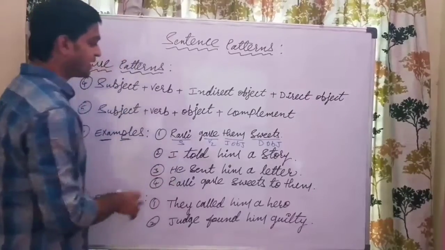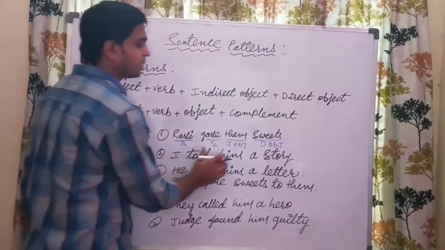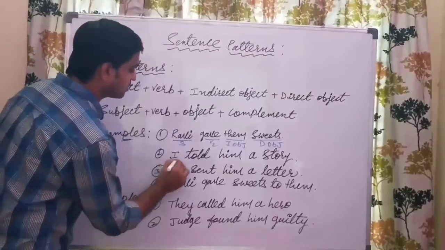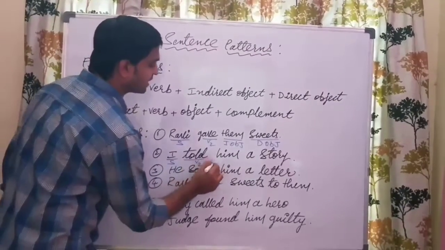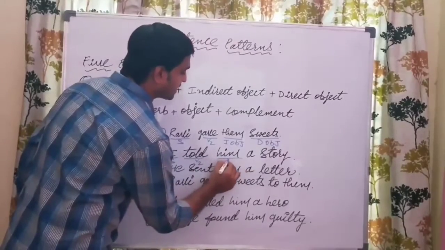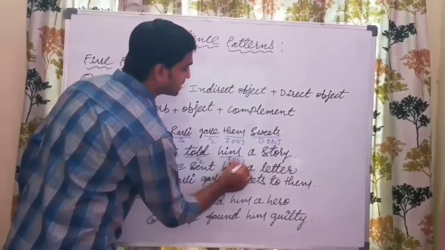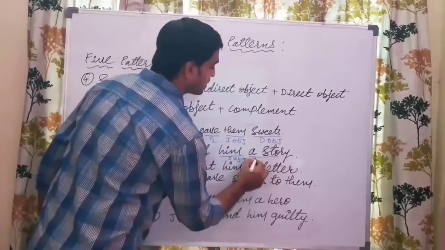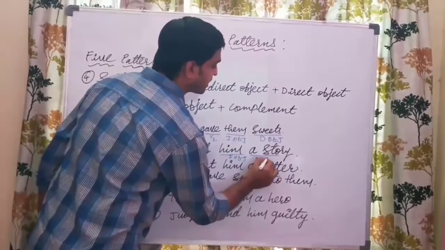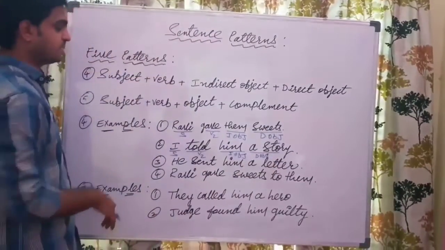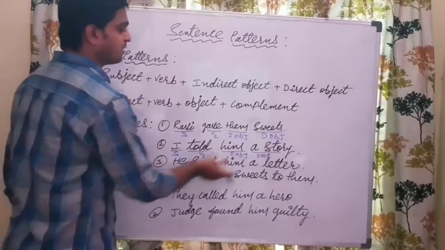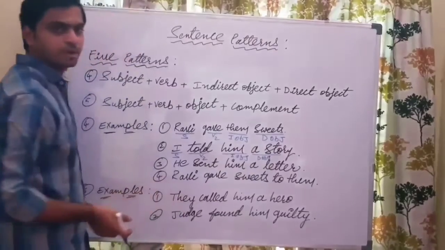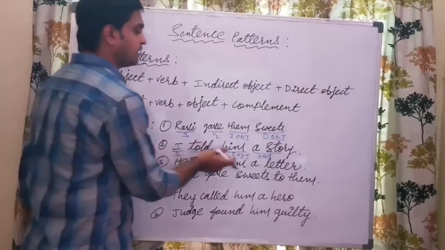Next, we will go through the next one: I told him a story. In this also, I is the subject, told is the V2 form, and him is acting as the indirect object, and a story is the direct object. So in this also, if there is a direct object, there is a proper meaning, like I told a story.